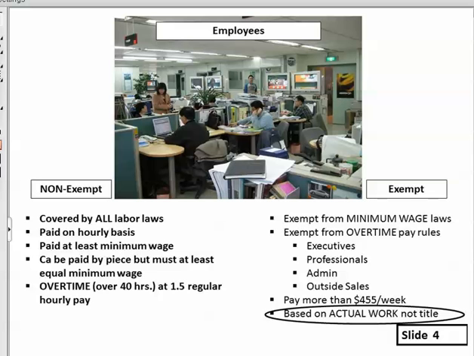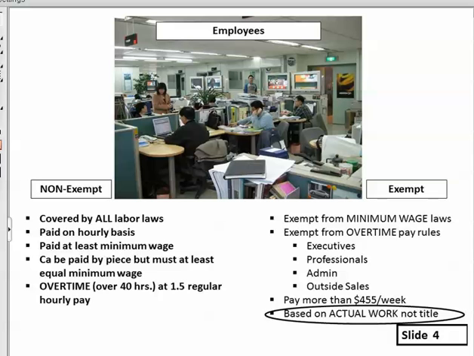Then we proceeded from there to look at how we divide out employees. There are two categories basically as far as the Internal Revenue Service and the Department of Labor is concerned. One is exempt employees and the other are non-exempt. If you think of exempt employees as management, okay, they're professionals or managers, someone who is not paid on an hourly basis.